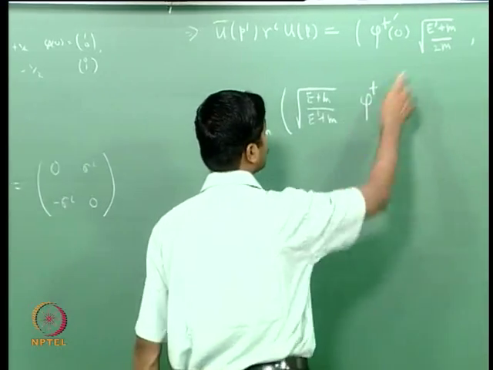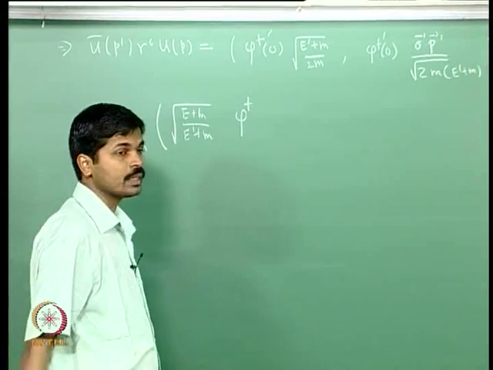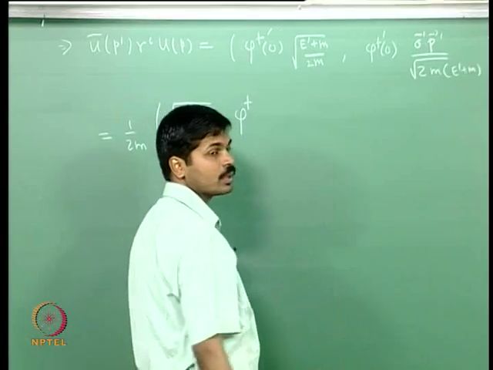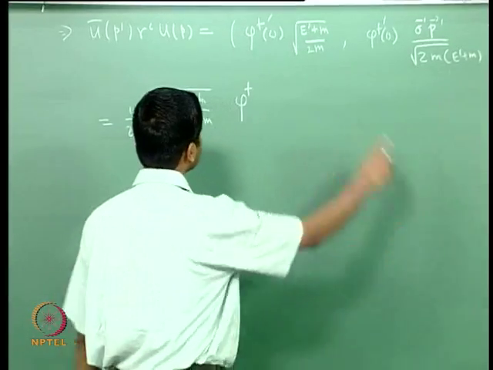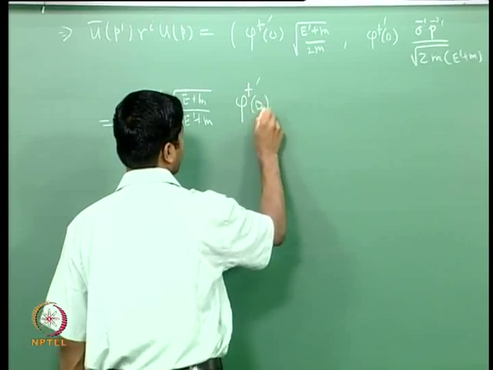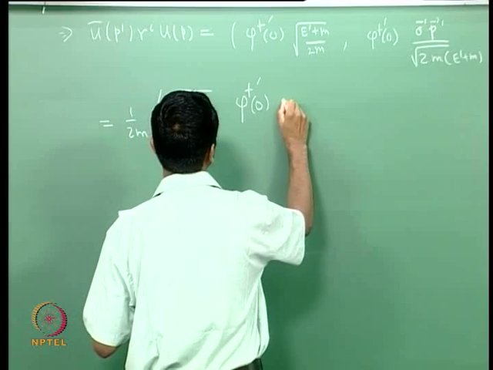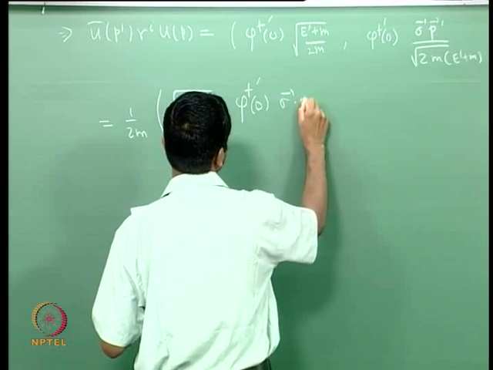Although the momentum dependence is out, we have to specify the spin, and the spin for both need not be the same, so to distinguish that I put a prime here.